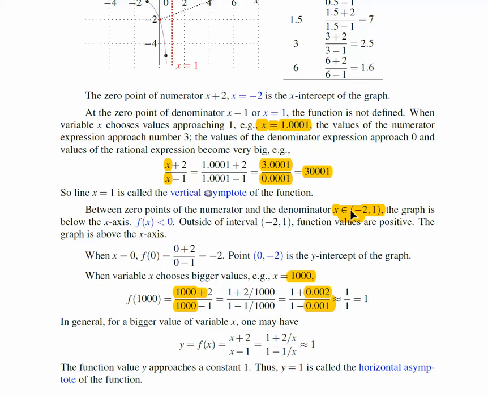Now, if the coefficient of x were 2, that would be 2x. Right now it is 1. If the coefficient of x is 2 upstairs, then here would be 2 over 1, which is 2.